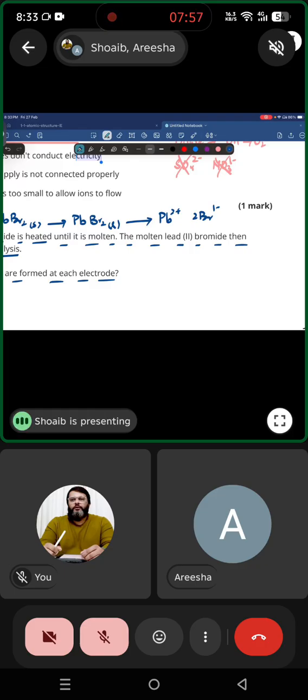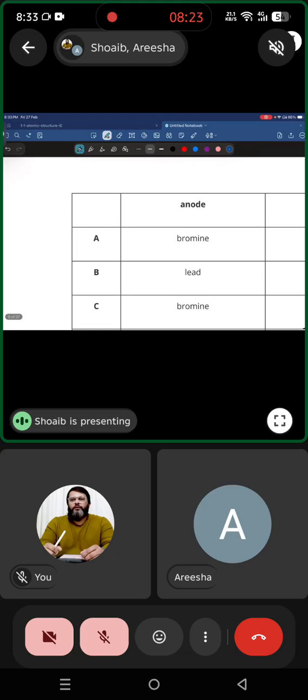The Pb2+ will migrate towards the cathode terminal and the bromide will migrate towards the anode terminal. At the cathode terminal Pb will form and at the anode terminal bromine will form.